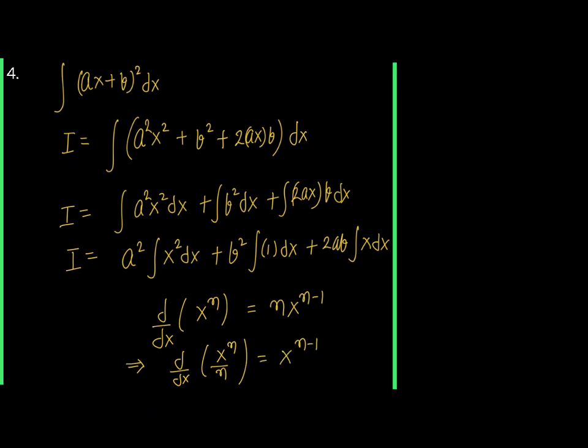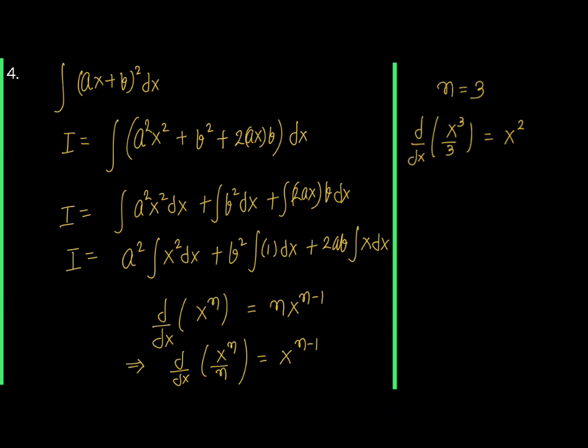Now putting n equals 3, I can write d by dx of x cube upon 3 is equal to x to the power 3 minus 1, so that is x to the power 2.